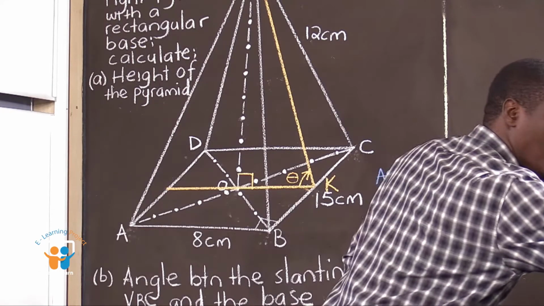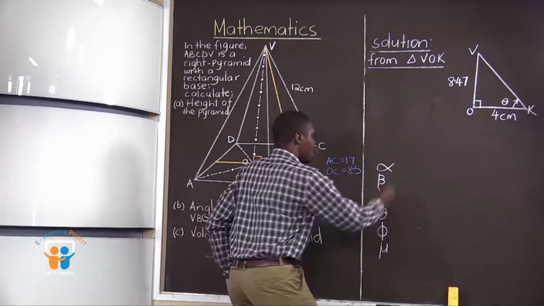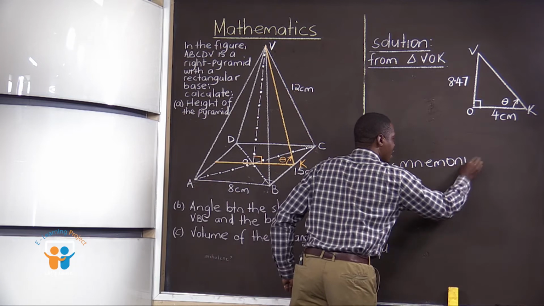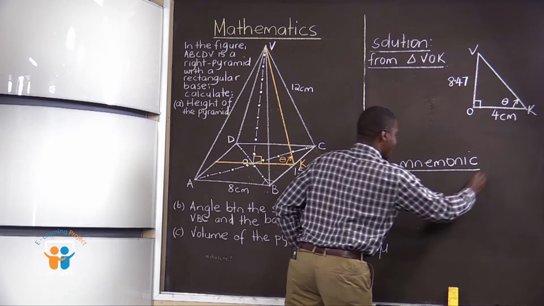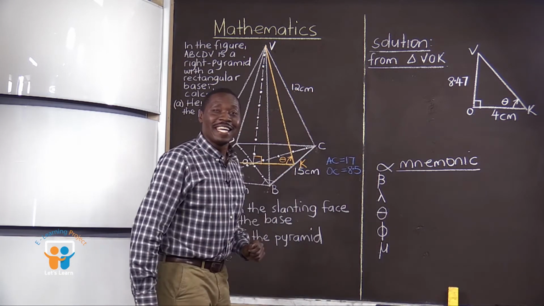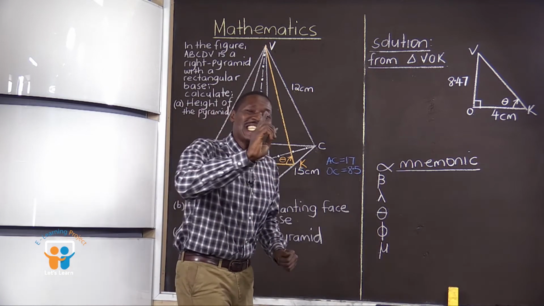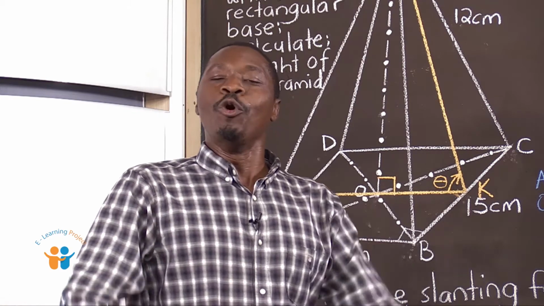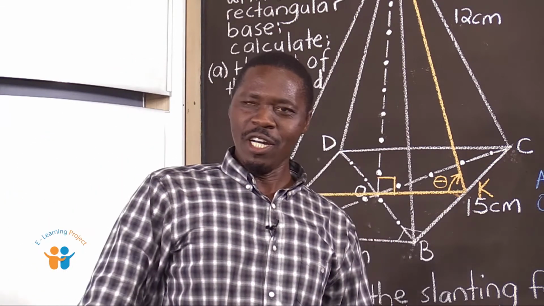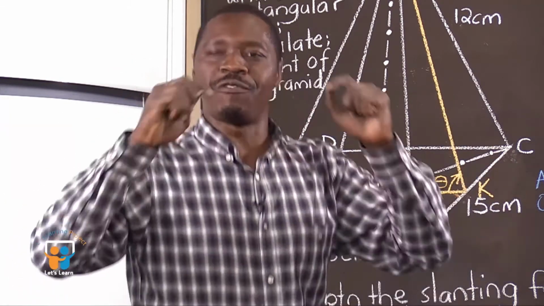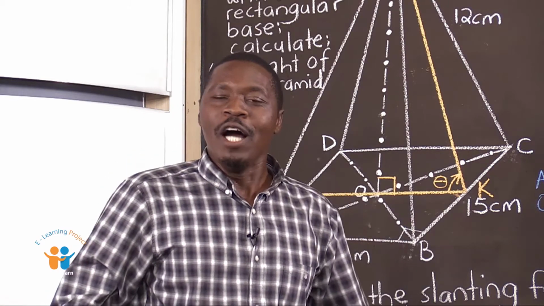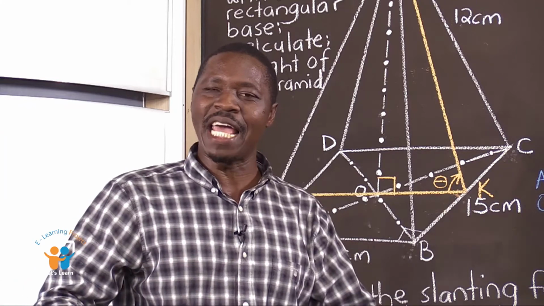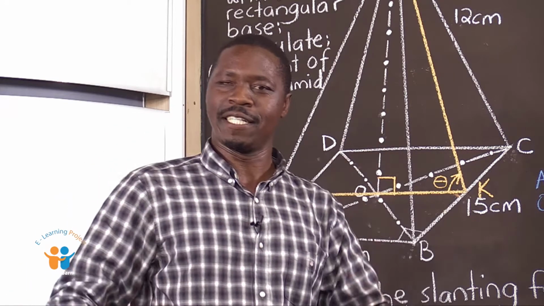We are going to use what we call a mnemonic. A mnemonic is a learning technique that we use to retain information as well as retrieve information, or to help us store information in our brains at the same time to remember it.